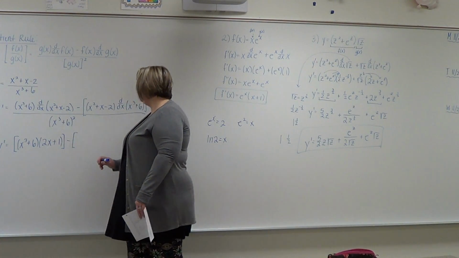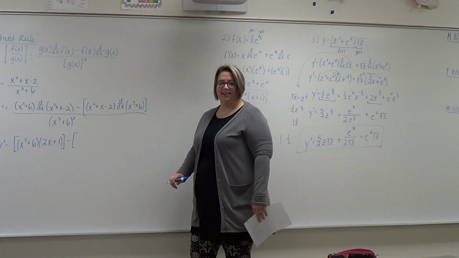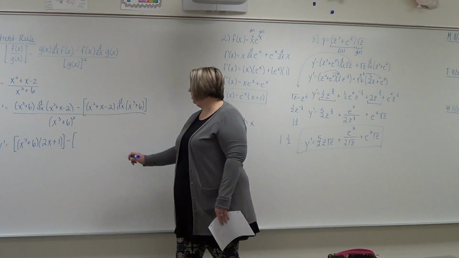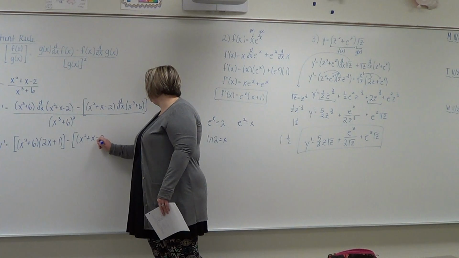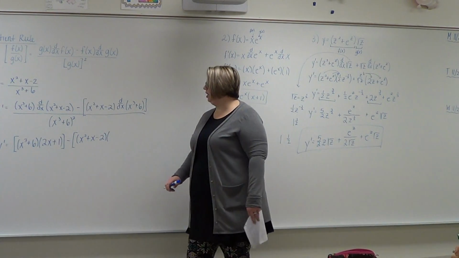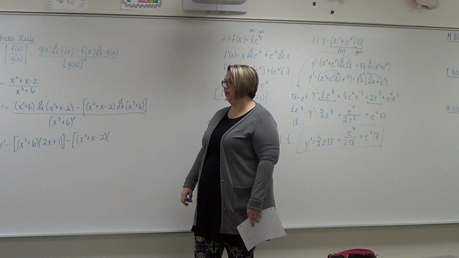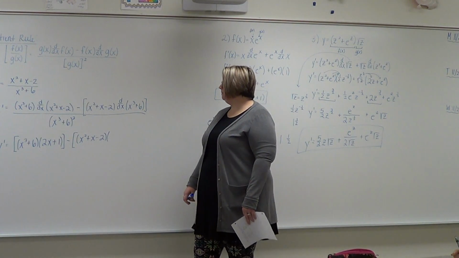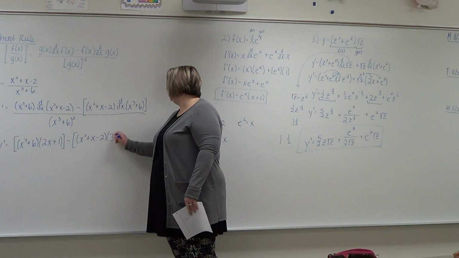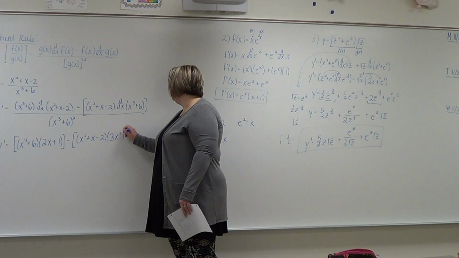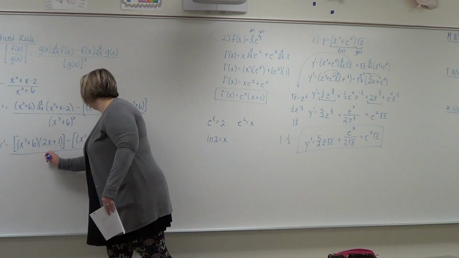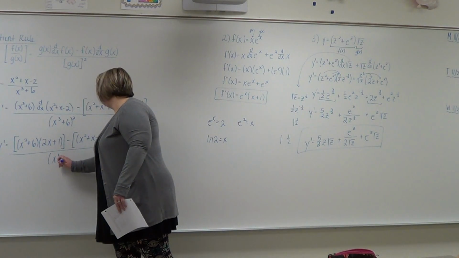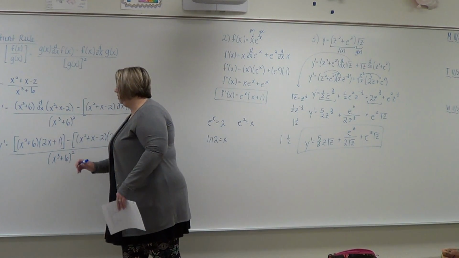Minus, then I would have the x squared plus x minus 2 times the derivative of x cubed plus 6. 3x squared, plus 0, is that what you're going to say? Yeah. Good job, Faith. Divided by x cubed plus 6 squared.